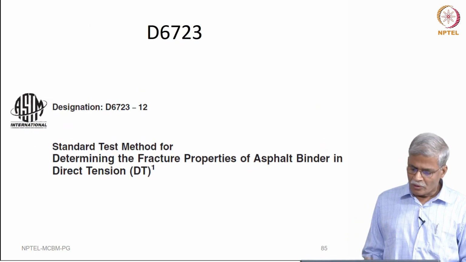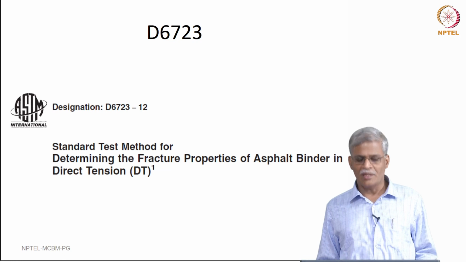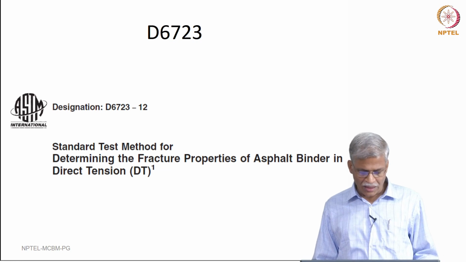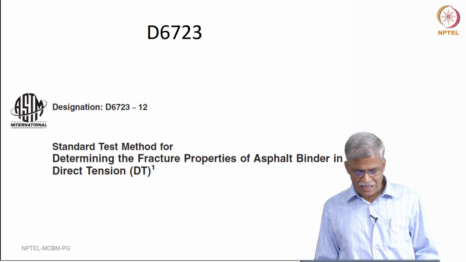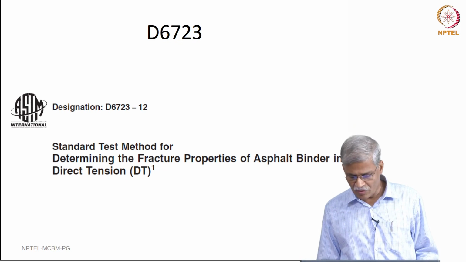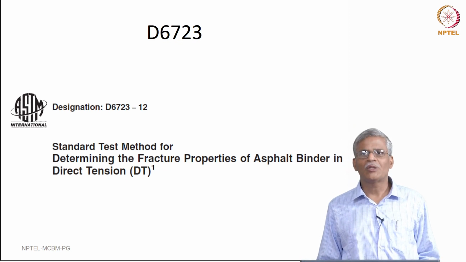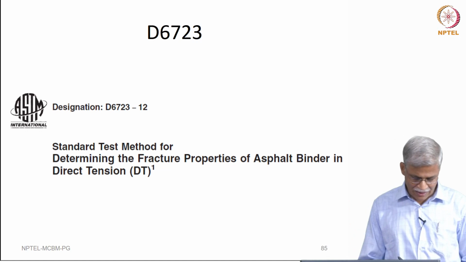Okay. So this is the ASTM standard D6723 that specifies the standard test method for determining the fracture properties of asphalt binders in the direct tension mode.